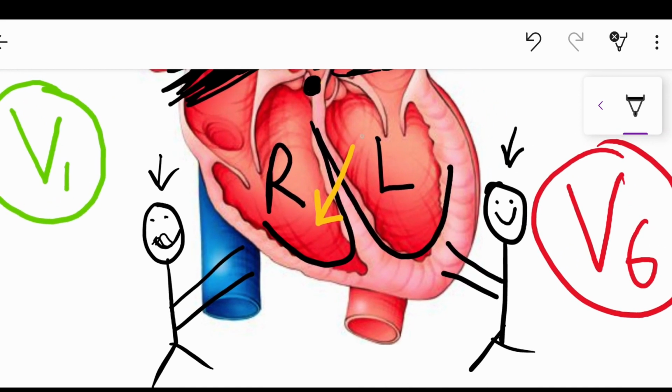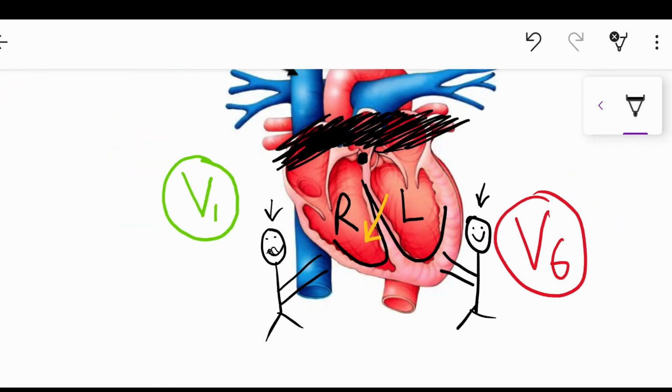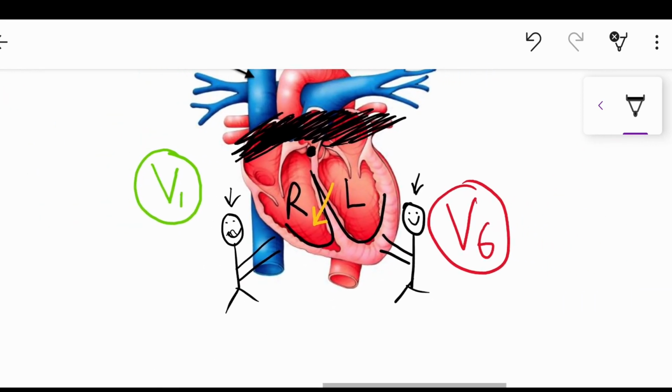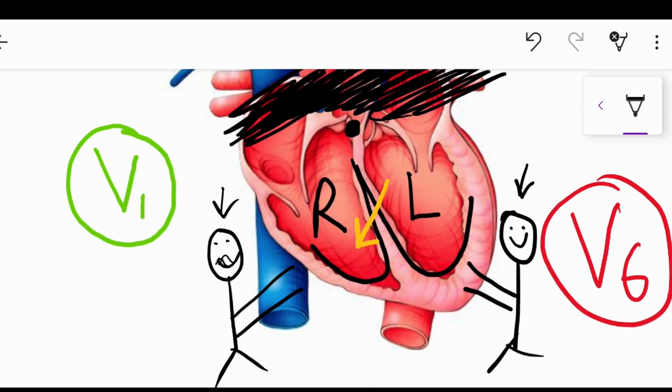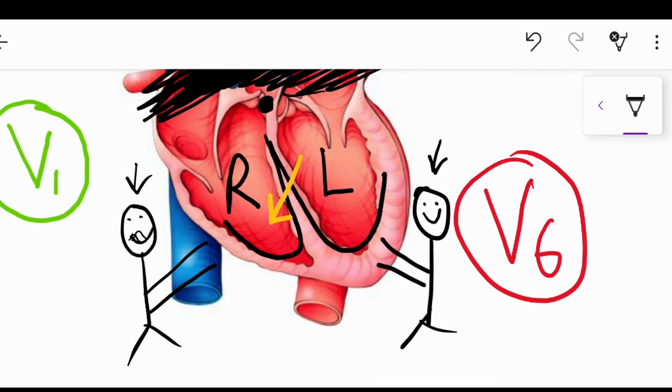So we still have a left to right septal depolarization. What you need to know is V1 and V6 and their function. Why do we have V1? Why do we have V6? V1 is responsible for any pathology we may find in the right side of the heart, and V6 is for the left.